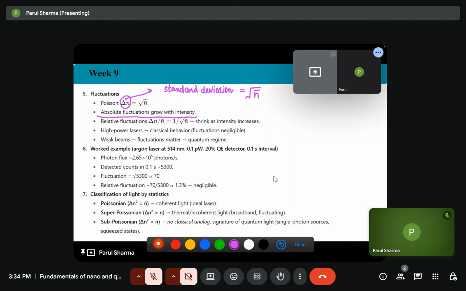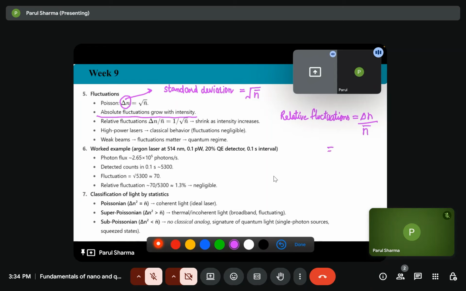How can we define the relative fluctuations? So the relative fluctuations is given by delta n upon n bar.